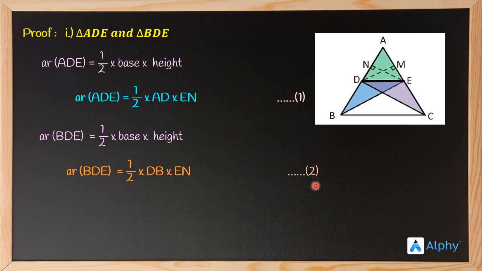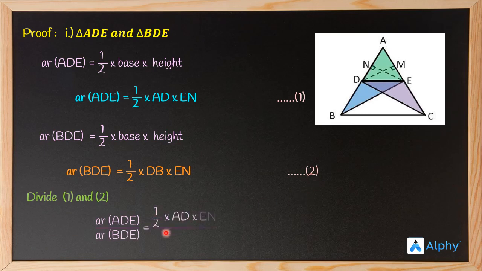Now for further simplification, if we divide both these areas, we will get half into AD into EN divided by half into DB into EN. Half EN gets cancelled out from both the areas, so we are left with AD and DB. Hence, we obtain AD by DB, and we mark this equation as equation number A.